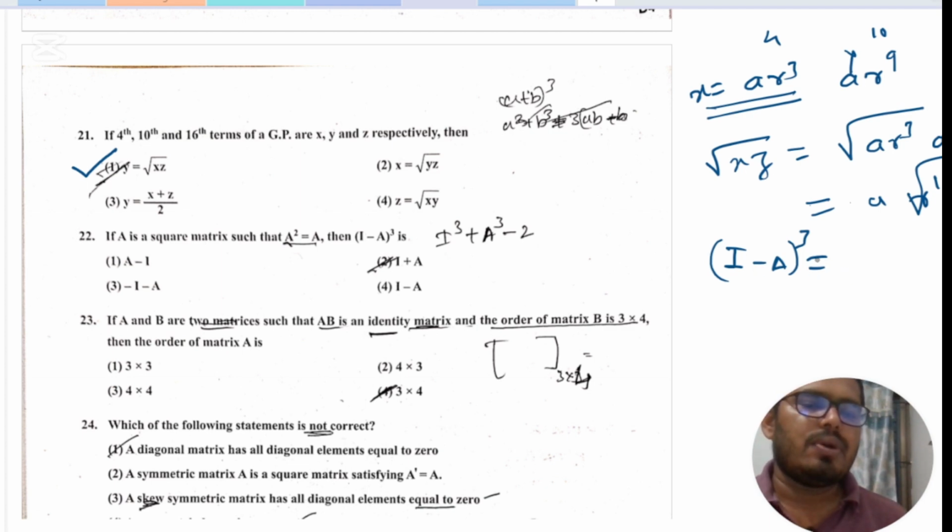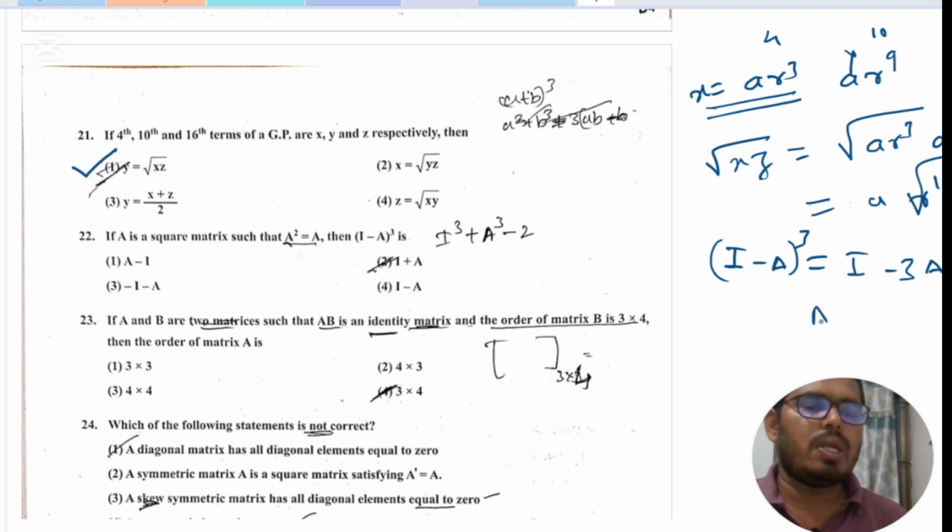Therefore we use the formula of (a minus b) whole cube, that is equal to I cube minus 3A plus 3I A square minus A cube.